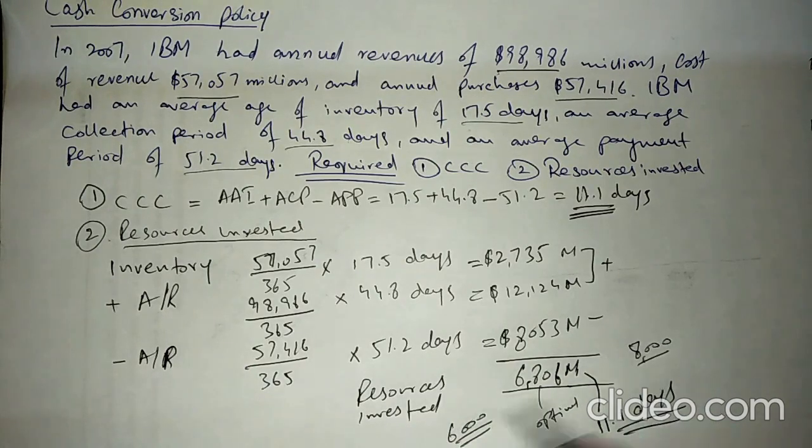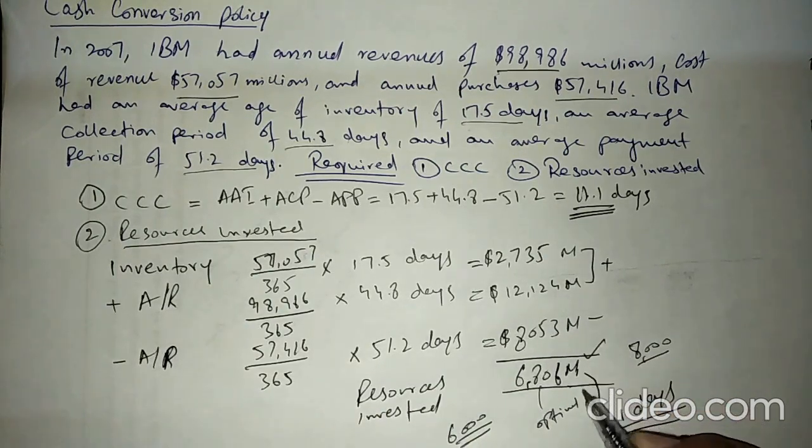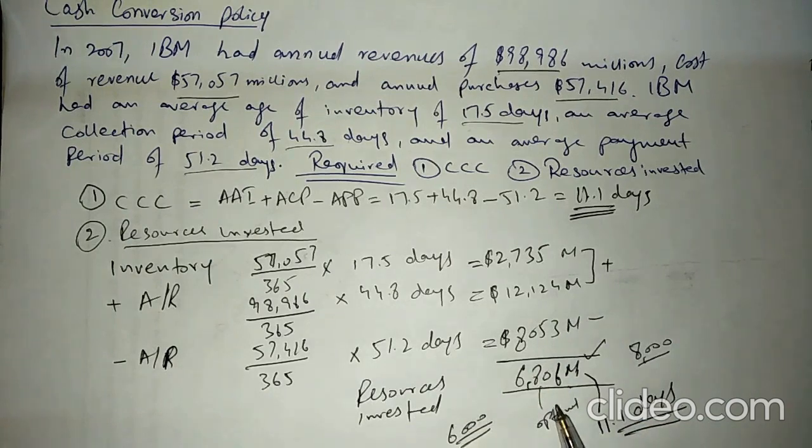So in both cases their cost will be higher. So optimal working capital is necessary for the appropriate management of working capital. In this numerical, the optimal working capital amount is 6,806 million.